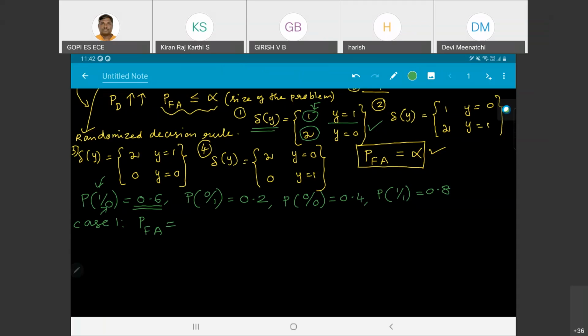So it is related with the case when x is equal to 0, when target is absent. So that probability is what we actually have to use here, right?